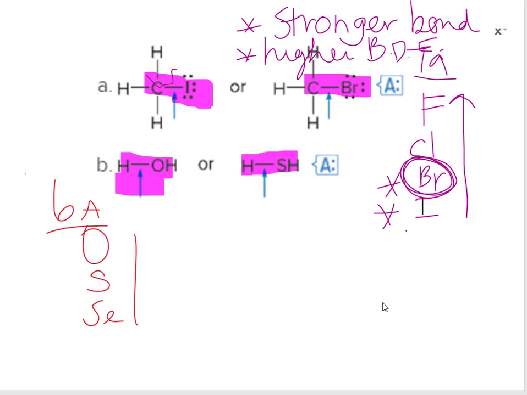So again, as we go up a family or up a column, the bond dissociation energy increases because those smaller atoms have stronger bonds.